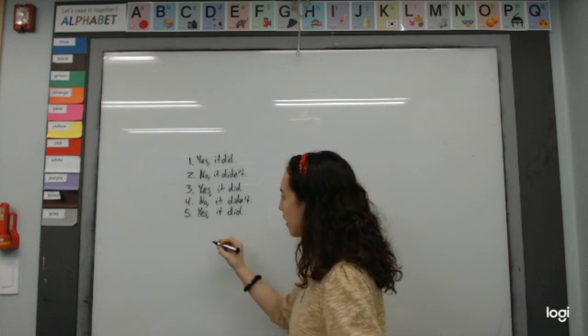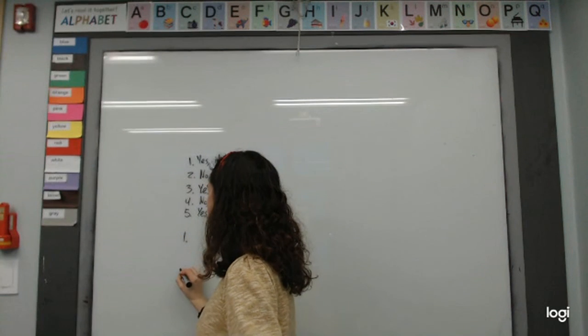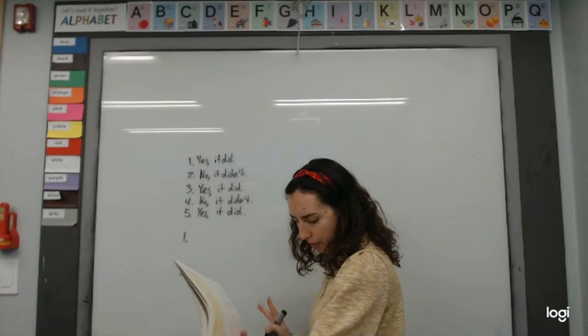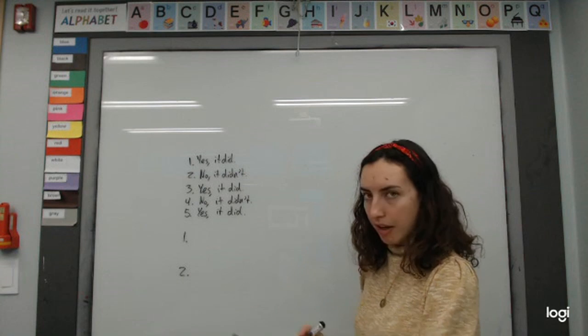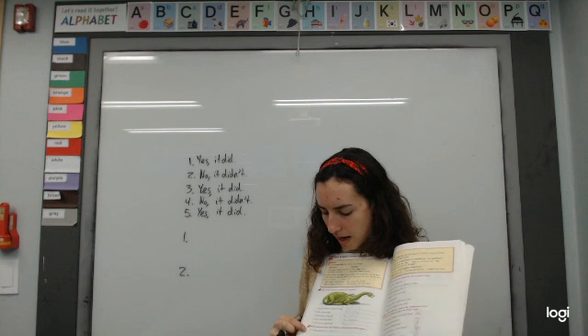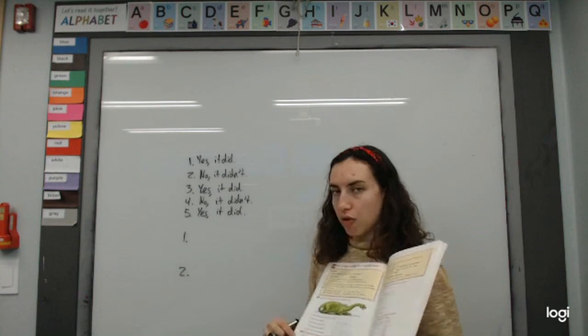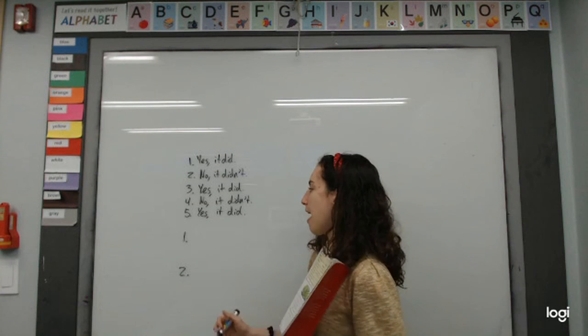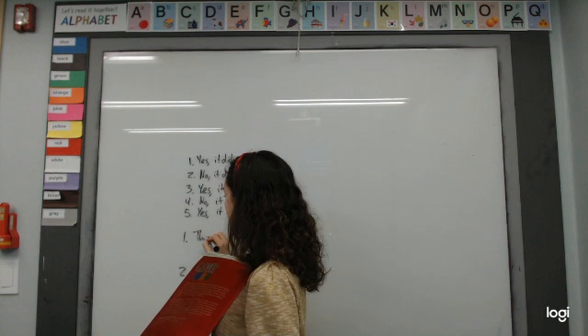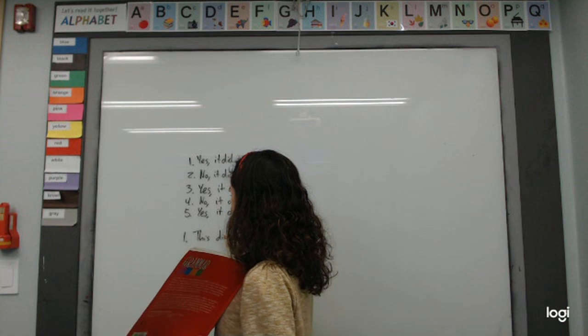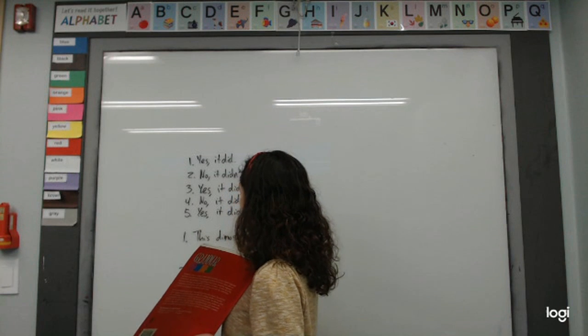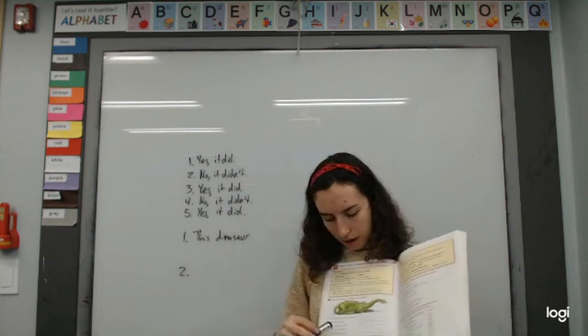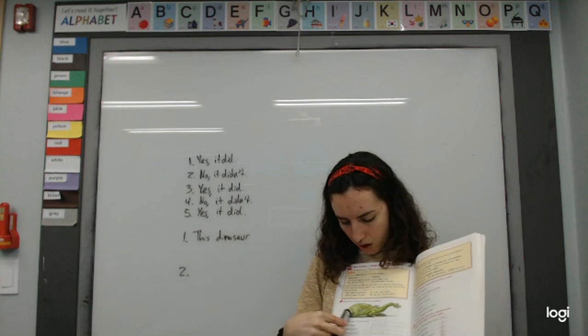So for the next part, I want you to try to think of the answers by yourselves. I will give you 2 examples and then you think. So the first one, we can say a yes sentence. This dinosaur, yes, it had. So this dinosaur, I will write, this dinosaur had a long tail.